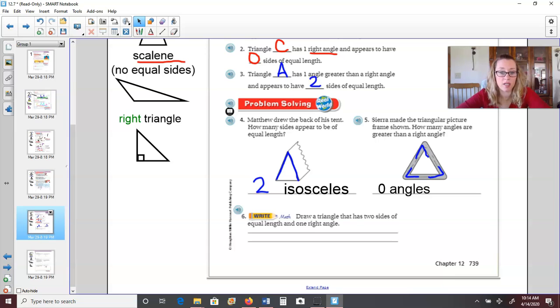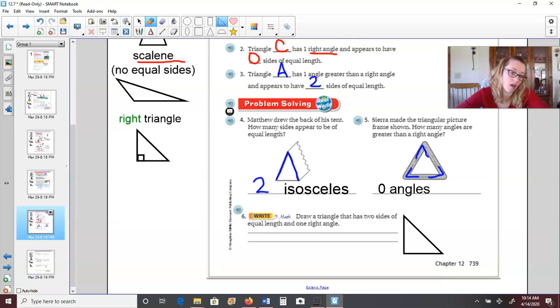Okay. Number 6, draw a triangle that has two sides of equal length, so isosceles, and one right angle. Now I can cheat a little bit because I have triangle shapes on the Smart Notebook software here. So here we go.